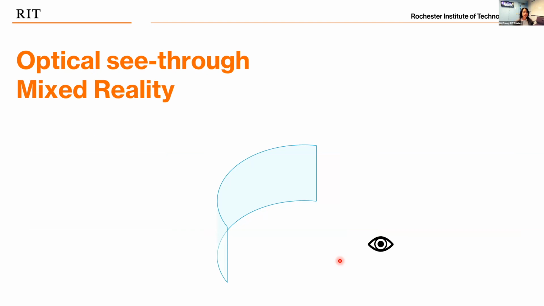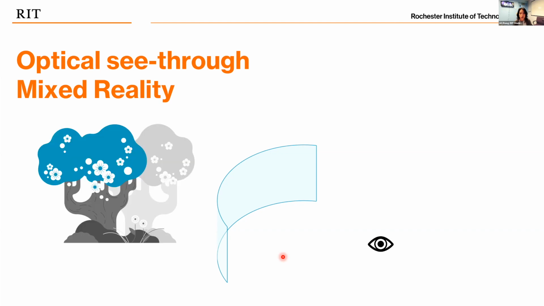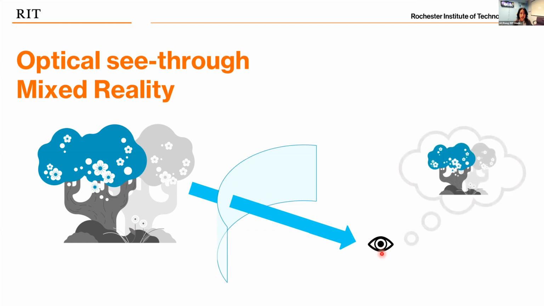So how does this optical see-through mixed reality work? Usually you would have some semi-transparent optical surface in front of your eyes. It could be flat, curved, prism, or diffraction grating. The light from the real world will pass through this lens and reach your eye, so you would see the real world.